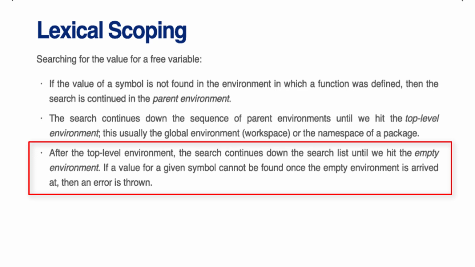However, if the function is defined in a package, then the top level environment is the namespace of that package. If you cannot find a value there, then once you hit the top level environment, the search will continue down the search list until we have hit the empty environment. So after the base package, for example, then we hit the empty environment. If you can't find a symbol in all these environments, then we throw an error saying we can't find a value for this symbol.